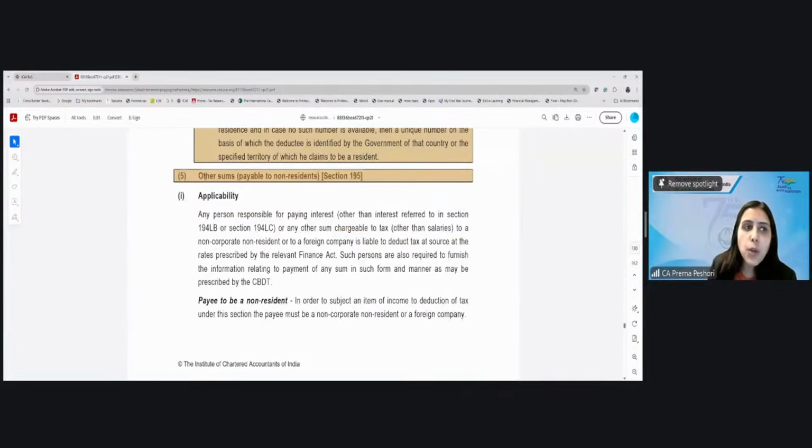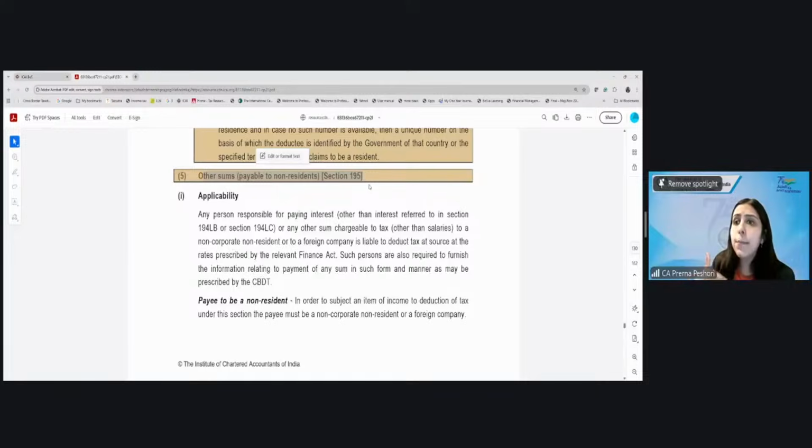Then we have section 195, which is applicable for payment made to a non-resident, which says that any person responsible for paying any interest other than that covered under 194 LB, LC or any other sum chargeable to tax. So there should be an income chargeable to tax first of all. It can't be that every sum which is paid is subject to 195.